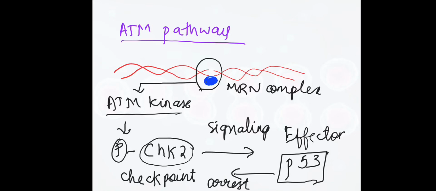If not, it will lead to apoptosis, that is programmed cell death. Remember, MRN is the sensor here. The signal transducer is CHK2, which initiates the signaling. Then the effector is P53. That effector will halt the checkpoint, telling the cell there is a problem, so we should arrest the cell cycle. So this was about the ATM pathway.